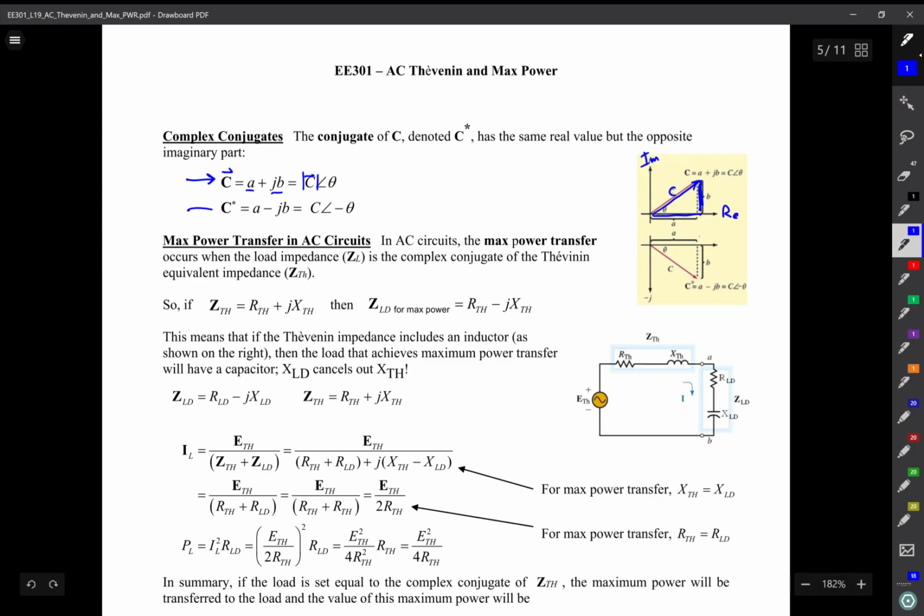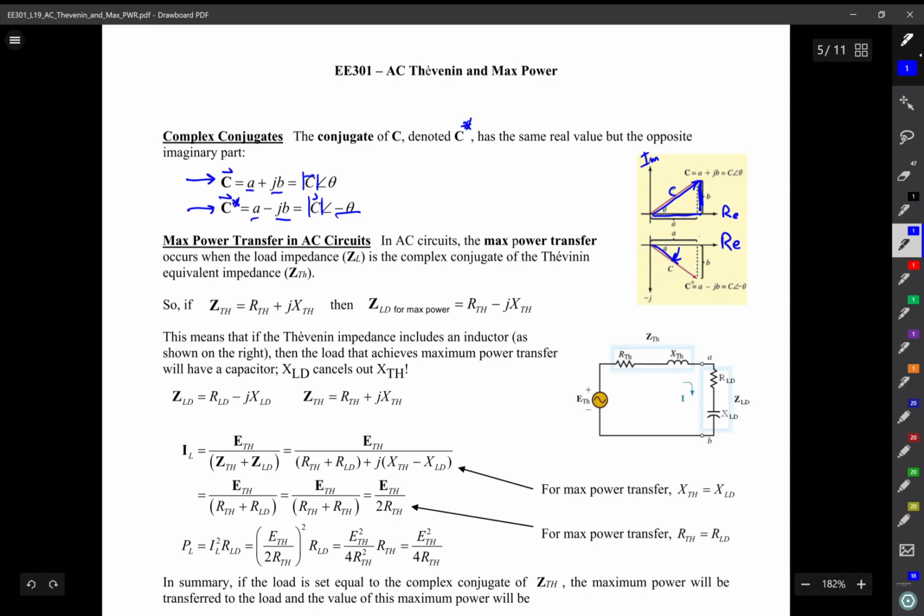The complex conjugate of that value, or that vector C, is C with an asterisk in the upper right corner of the vector. And what that means is that I'm going to take the opposite of the imaginary part of the complex number C. So in this case, it's A minus jB, and in the polar notation, it's the magnitude of C, which is the same, but the angle is a negative angle, indicating that the angle is going in the opposite direction with respect to the positive real axis.